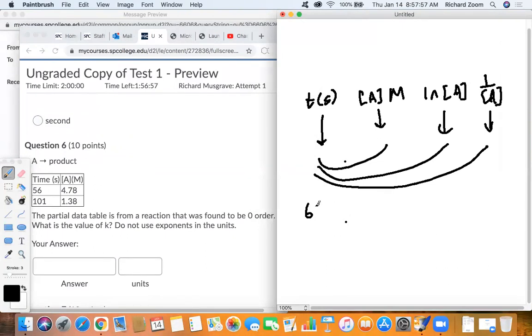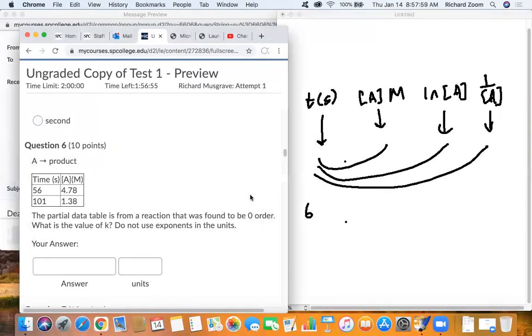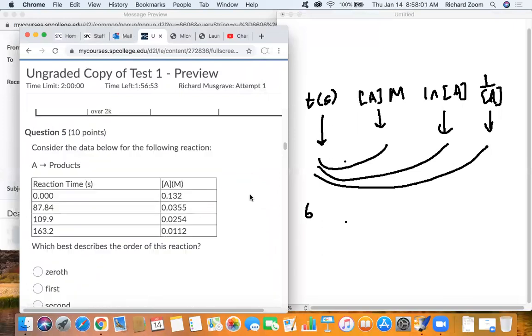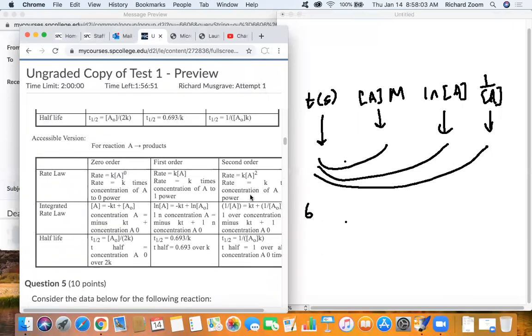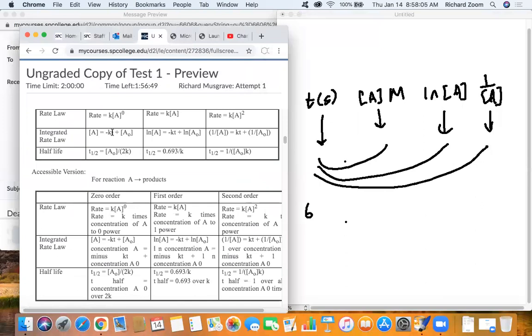It's the slope. Now, you know this from going back to the initial equations that you're given up here. And you can see in each instance, these are all straight line equations, y equals mx plus b, and the slope is going to be negative k or k, depending upon the order.